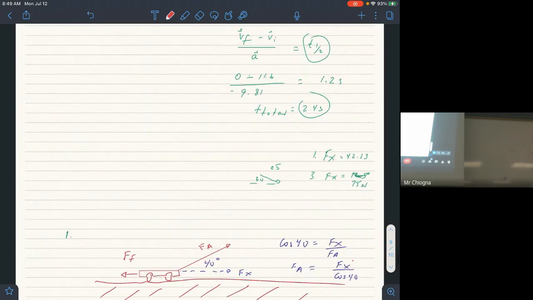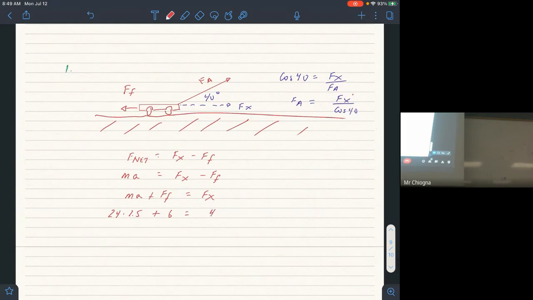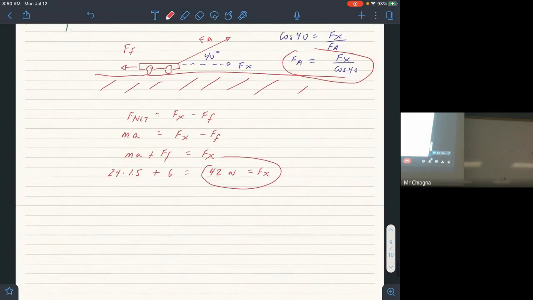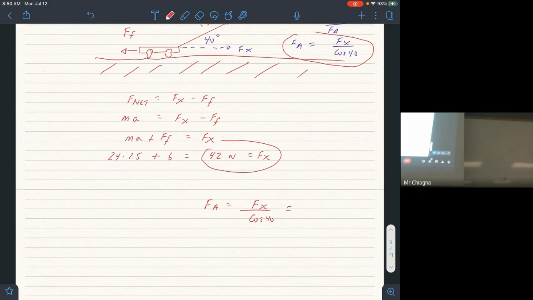So that should work out to be about 42. Let me look at it. So 36, yeah, 42 newtons. And then you use this. That should give you 55 newtons.